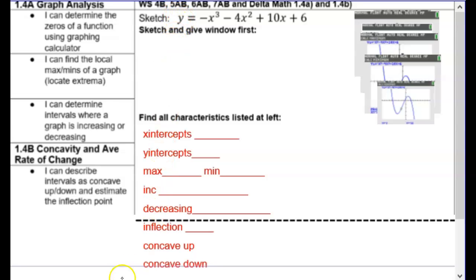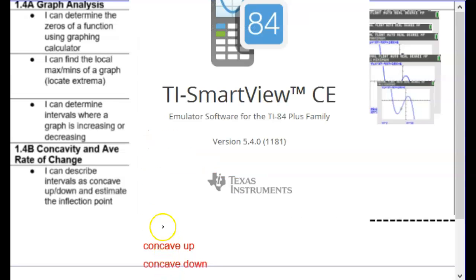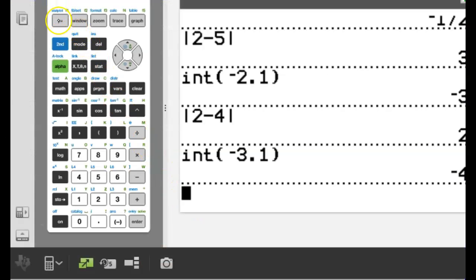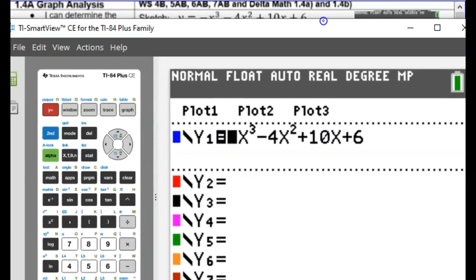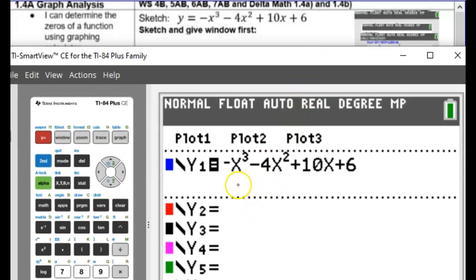So I think this is on the back, am I correct? Yeah. 1.4a. Go to your calculator and type that in. It's y equals, ooh, do I have it in already? I do, it's a negative x cubed and then a minus 4x squared plus 10x plus 6.